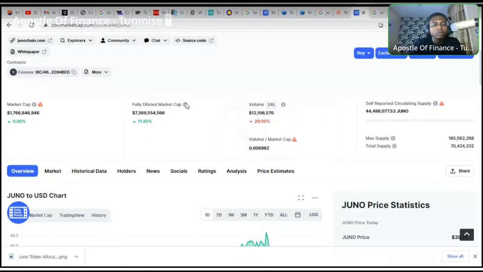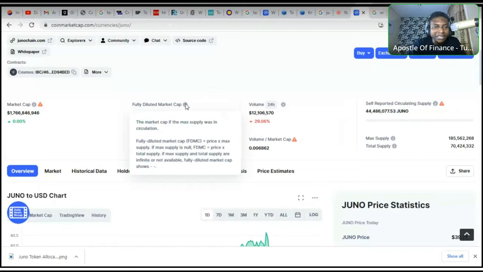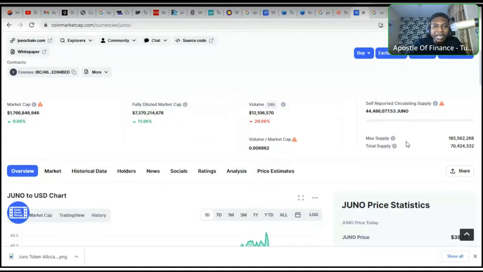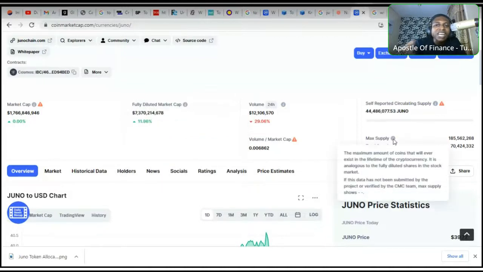All right. Now, fully diluted market cap. The market cap, if the maximum supply was in circulation. So now, this one here is the value of the maximum supply in Juno, which means we would have 185,562,268 Juno that would ever exist.